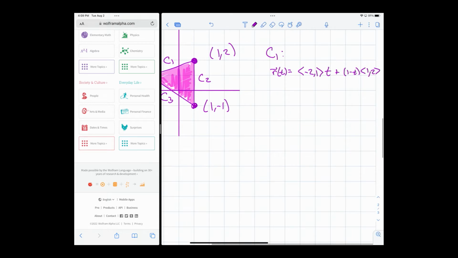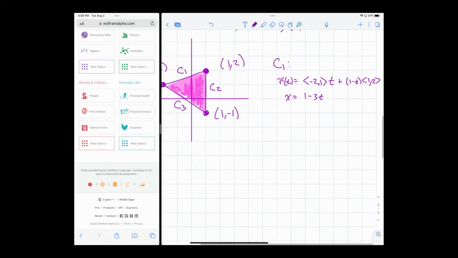Or in terms of x and y, x equals -2t plus 1 minus t times 1, which would be 1 minus 3t.